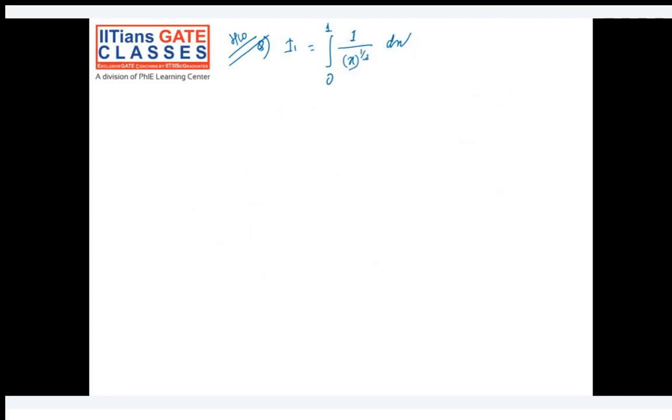I2 is equal to -1 to 1, 1 upon x dx, and I3 is equal to integration 0 to 1 x log of x dx.